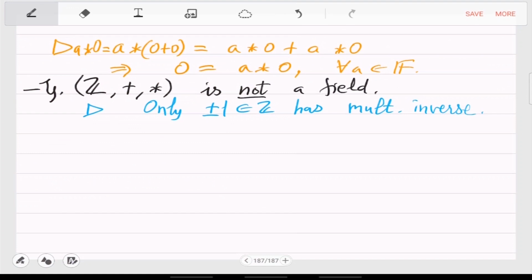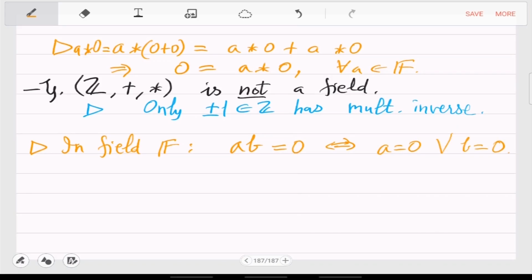Another property is that in a field F, AB is equal to 0 if and only if A is equal to 0 or B is equal to 0. Can you show this?